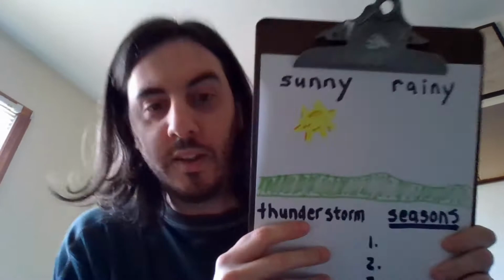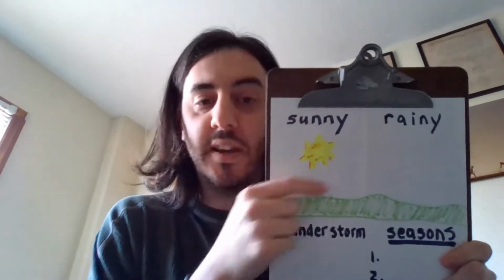Just going to draw a little quick sun. I'm going to add a little orange to it just so you guys can pick it up, because orange or yellow is hard to pick up on the camera. So there we go. I drew a sun.